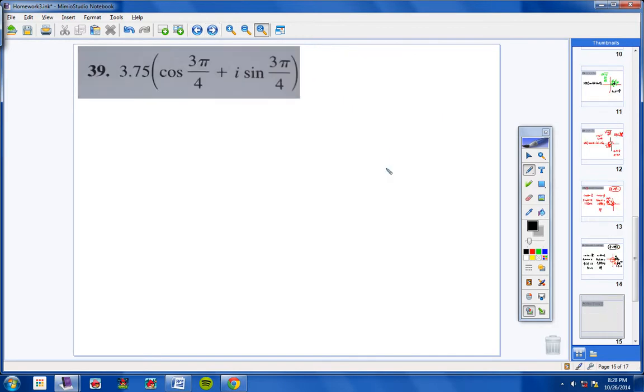Moving on to 39. Okay, 3 pi over 4. If you want to change that to degrees, you can do that. You get 135. So if it's easier for you to use degrees, it'd be 135. Okay, so here we go. 135 would leave you with 45 degrees.